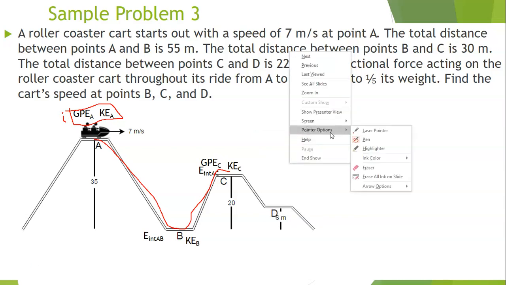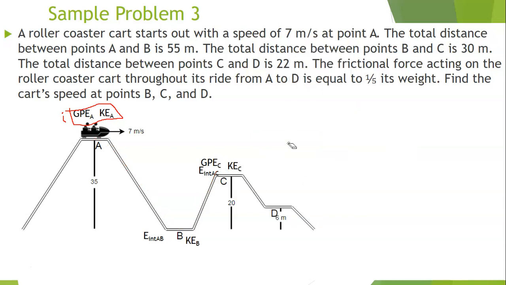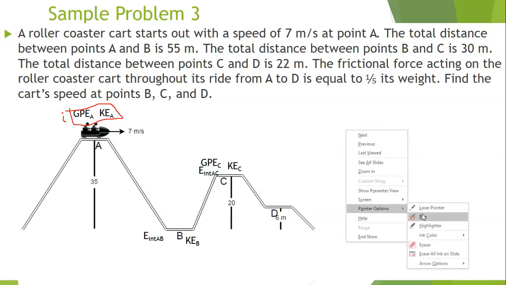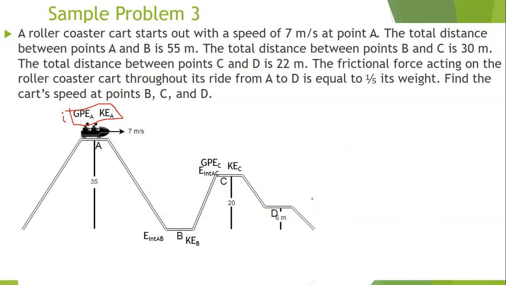And we're going to do the same type of thing for point D. So at point D, we have gravitational potential energy, we have kinetic energy, and we have internal energy. And again, it's the entire internal energy along the whole path.